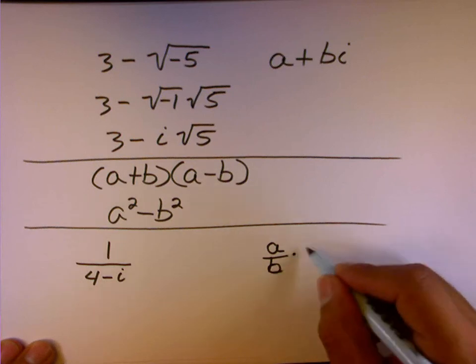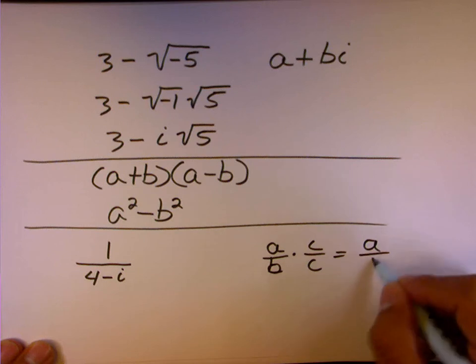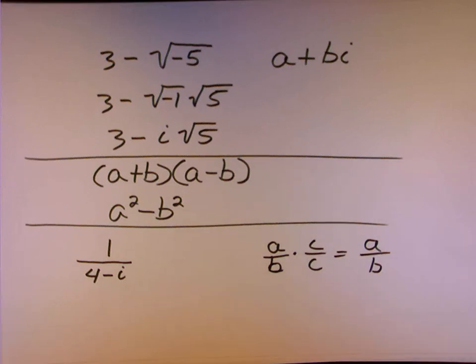Let's see, that's an AB times C over C is still the same. Doesn't change the value to multiply the top and bottom. We use that all the time in fractions to be able to get a fraction with a common denominator. Well, we're going to use that property here to get rid of the imaginary numbers from the denominator.